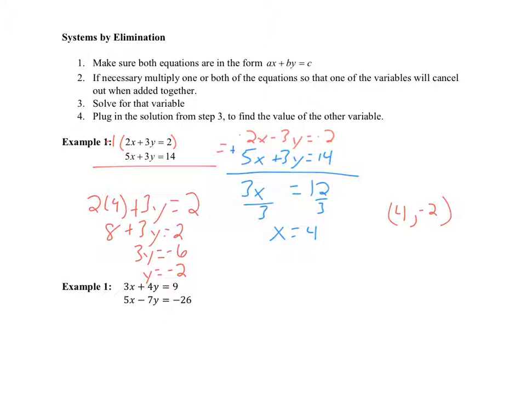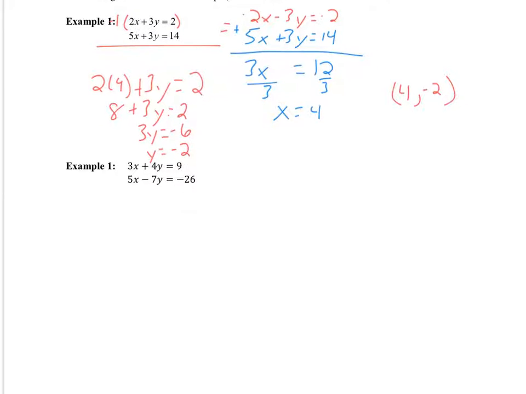All right, the second example. So we want to make it so that the x's and the y's cancel somehow. In the first question, it worked out really nice because there was a 3y and a 3y. In this question, it's not so nice.